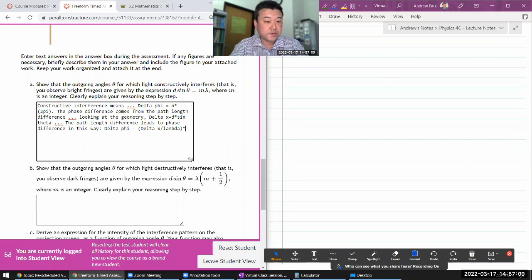I need it in units of radians, so times 2 pi, that's the phase difference. So we say, okay, this whole expression here is equal to the condition that I set outside before for constructive interference. I did a copy.